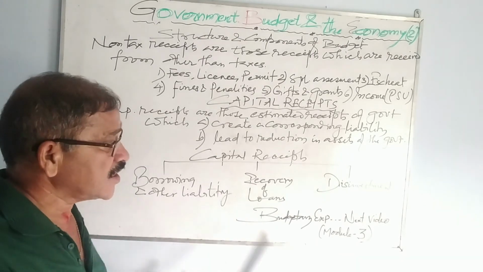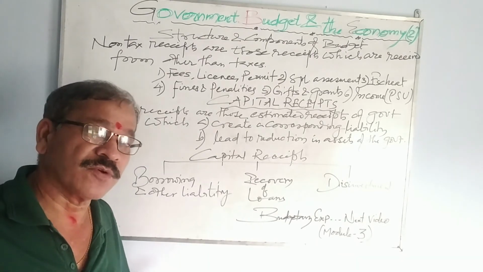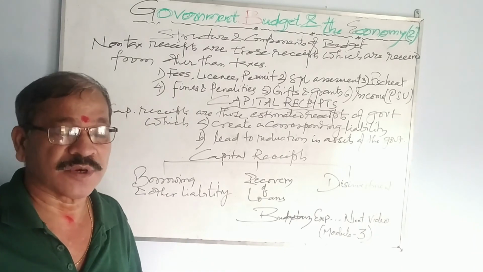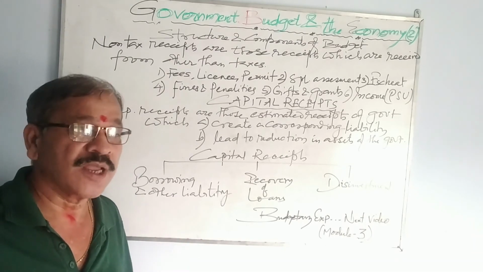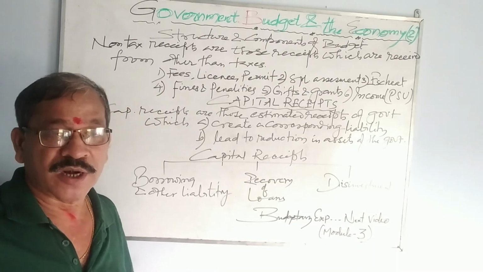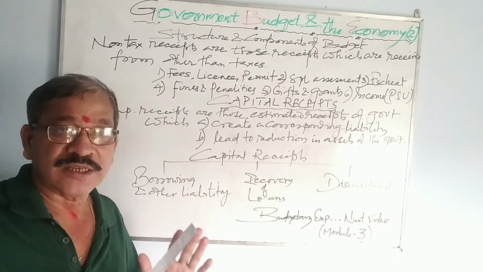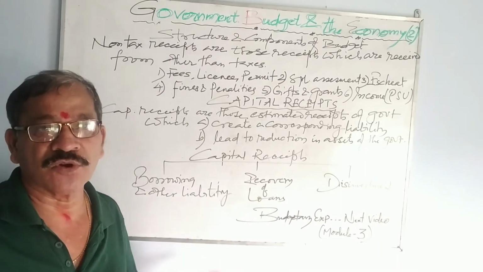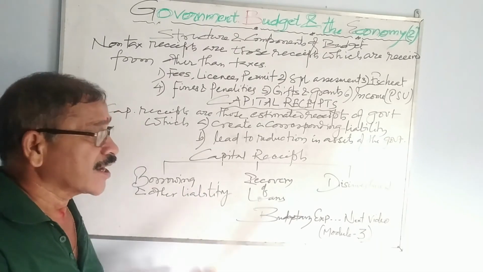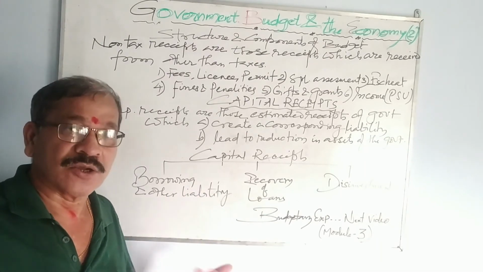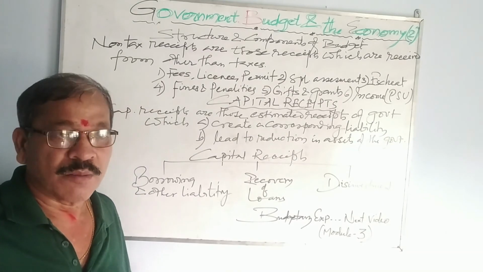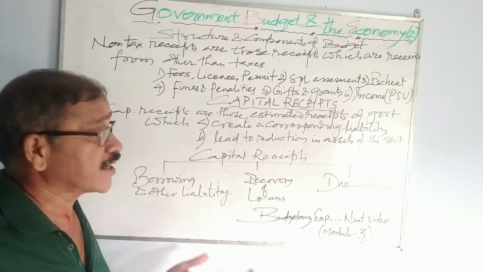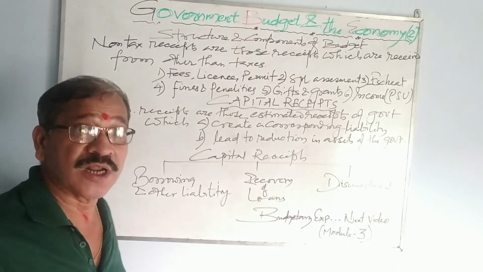So these three are again capital receipt. Of course, revenue receipt and capital receipt are all budgetary receipts only, the income of the government only. But for revenue receipts, the government has nothing to do; it just freely flows into the treasury, whereas capital receipts are not like that. It also comes to the treasury of the government, but at the same time it creates a corresponding liability.